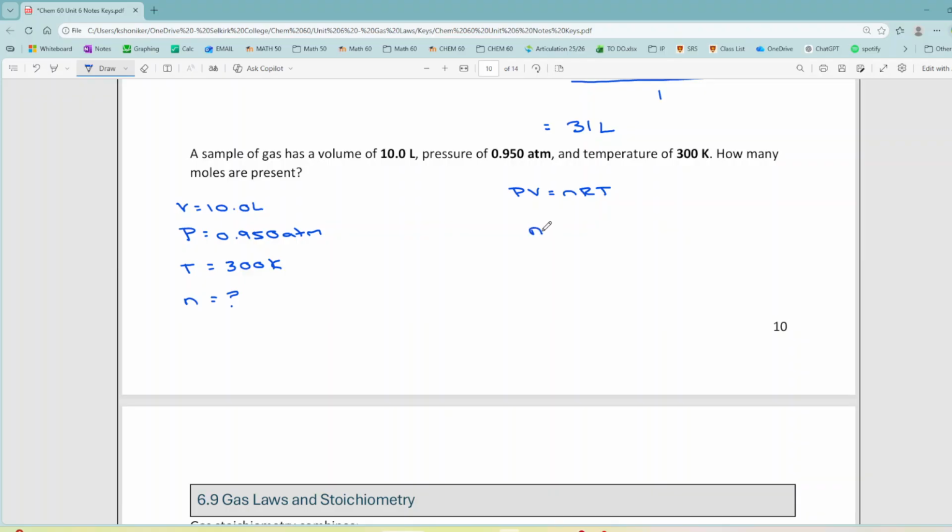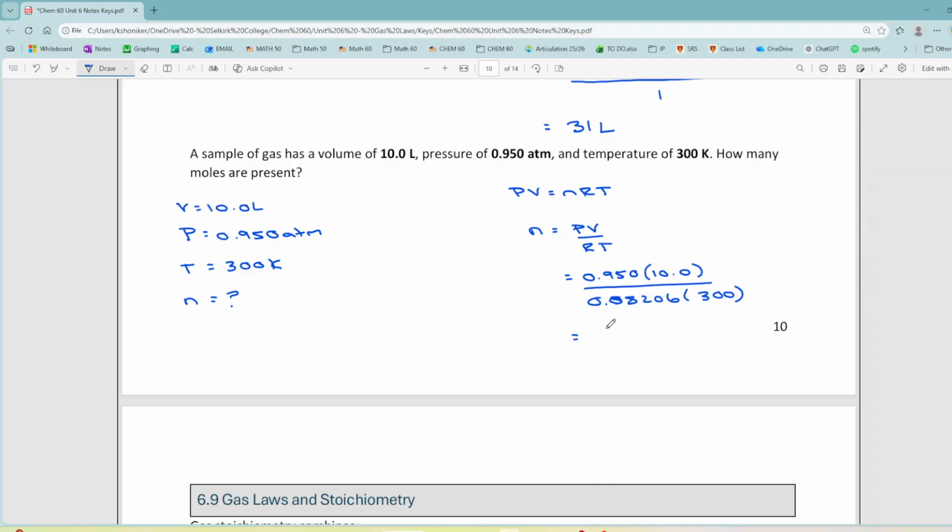This time we're going to solve for n, so we're going to divide both sides by RT and get PV divided by RT. In for P, I'm going to put 0.950. In for volume, I'm going to put 10 liters. In for R, I'm going to put 0.08206. And in for temperature, I'm going to put 300 kelvins. Now that 300 kelvins is only 1 sig fig, so I'm going to give 1 sig fig in my answer.